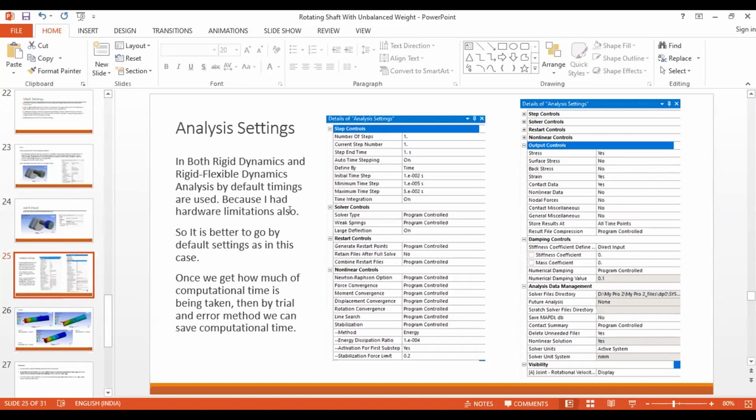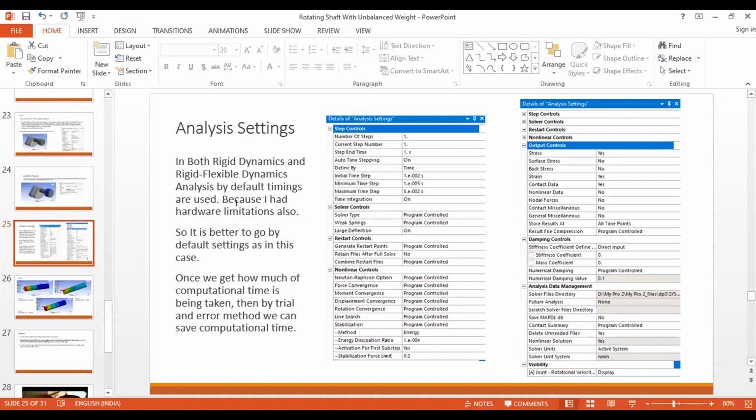Even with the default timing, my case one took about 3 hours and beyond. Likewise, I had three cases, and for all three cases it took me almost 12 hours to complete this simulation.